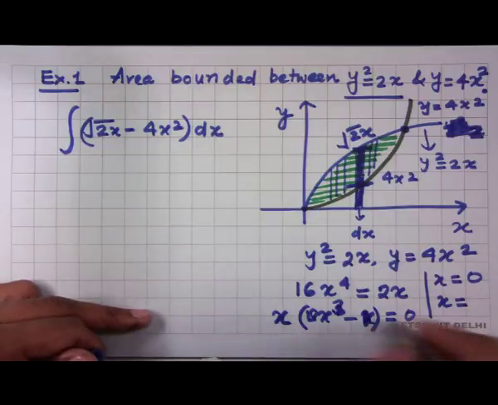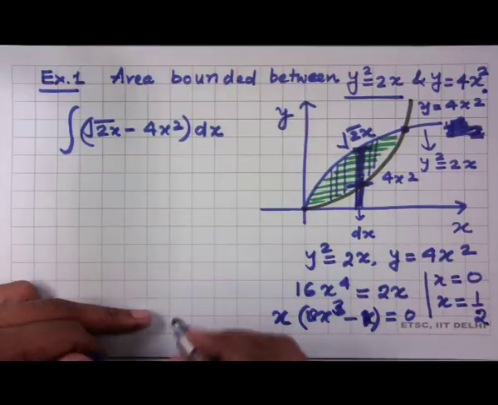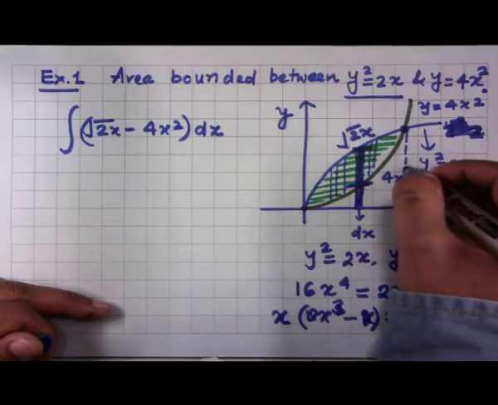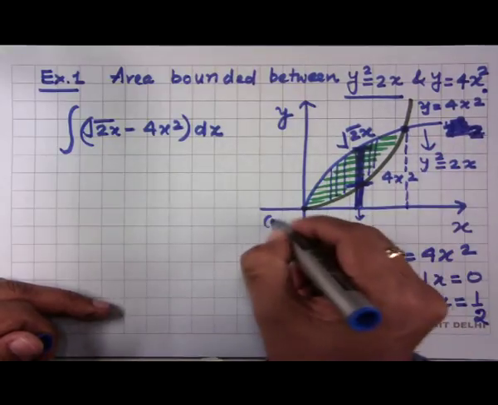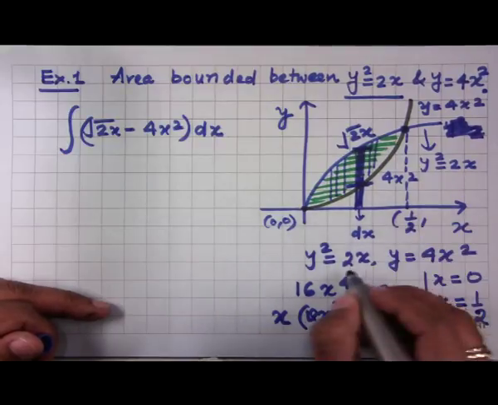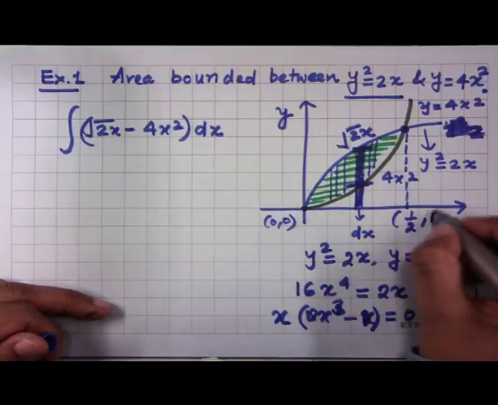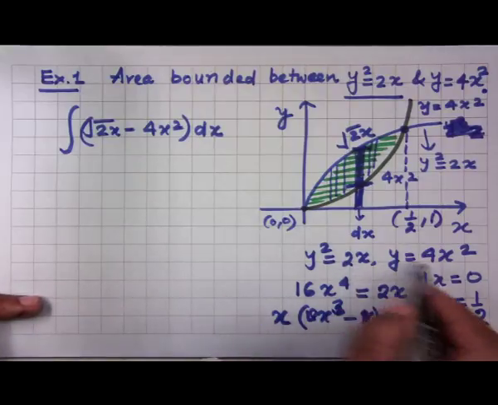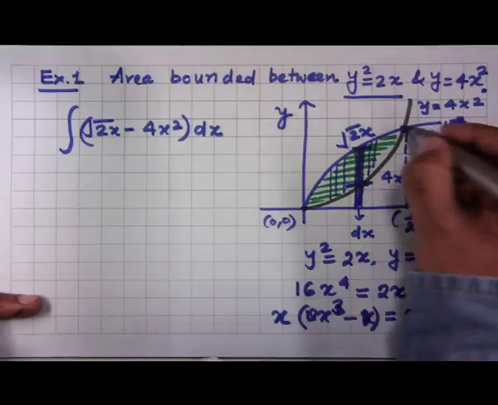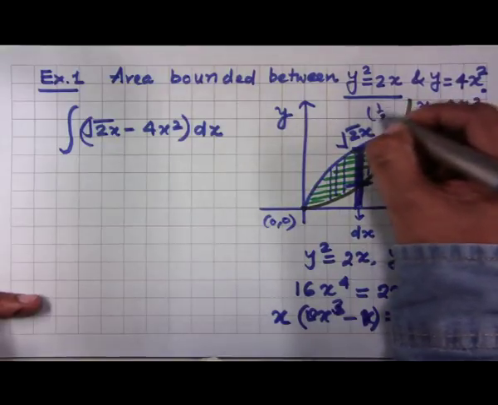So, you get x equals to 0 and x equals to half. One point of intersection is 0 comma 0, another point of intersection is half. If you put half here, you get 1. So, the point of intersection is half comma 1.